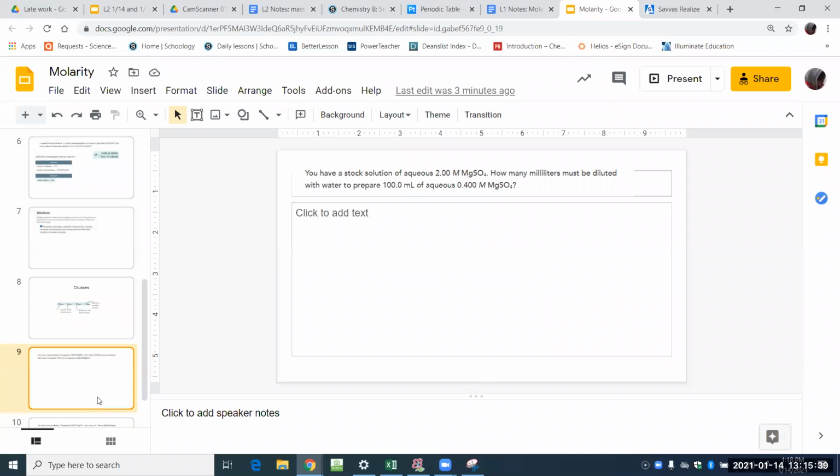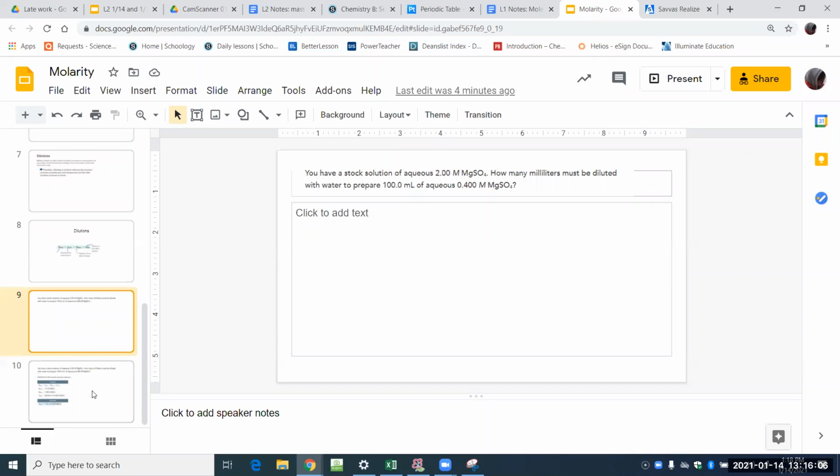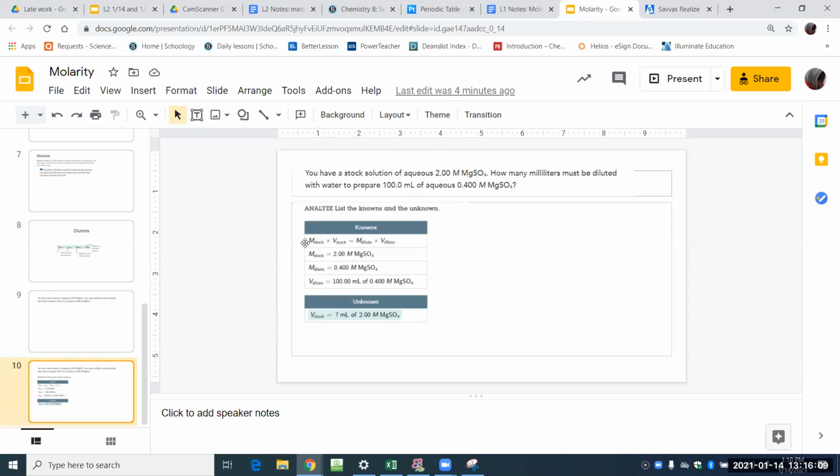All right, so let's solve a problem involving this. You have a stock solution that has a concentration of 2.0, and it is asking how many milliliters must be diluted with water to prepare 100 mL of an aqueous solution of 0.4 molar. So again, let's look at the knowns and unknowns.